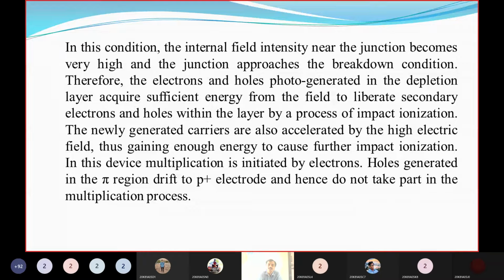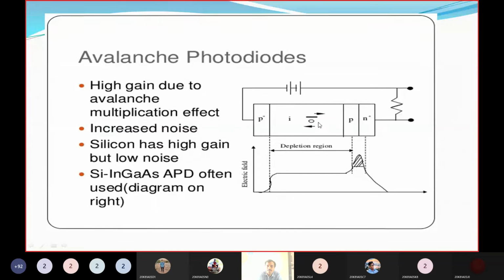This is the intrinsic region here. Whenever light is incident on it, an electron hole pair will be generated, and this electron will move in this direction. Now we are applying reverse bias here.